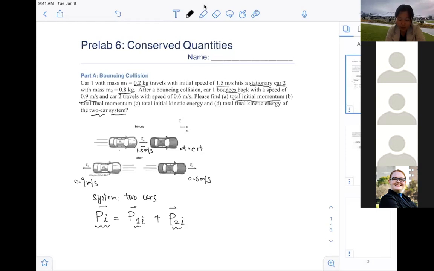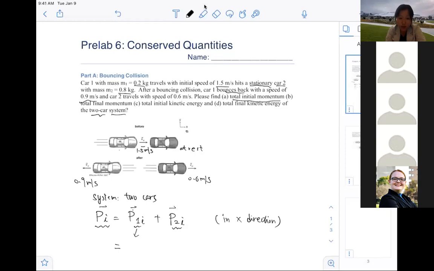Now let's expand this in the x direction because everything is moving in the x direction. So in my next step, I can get rid of these vector signs, okay? So car 1 is moving to the right initially. So how should I write the initial momentum of car 1? How should I expand P1i?